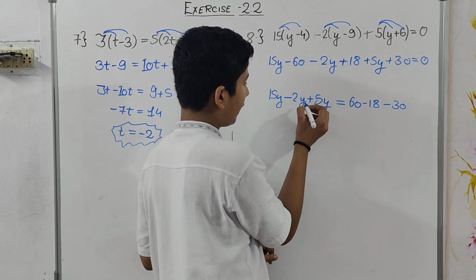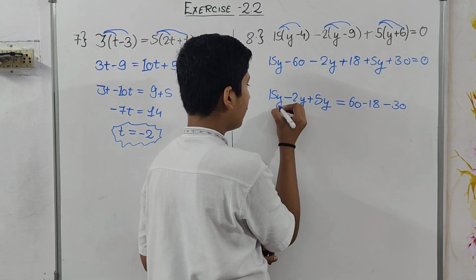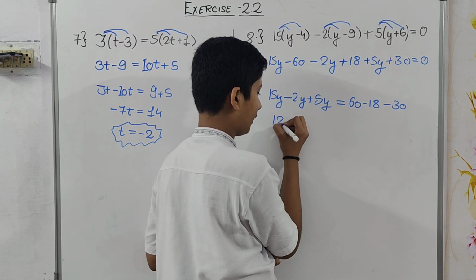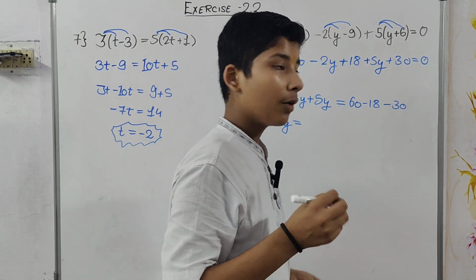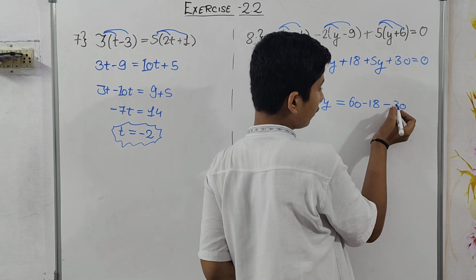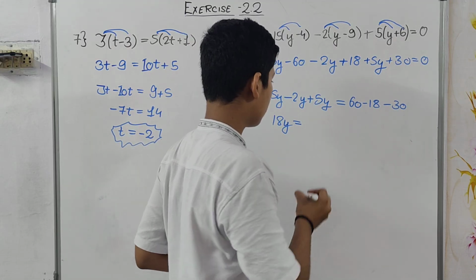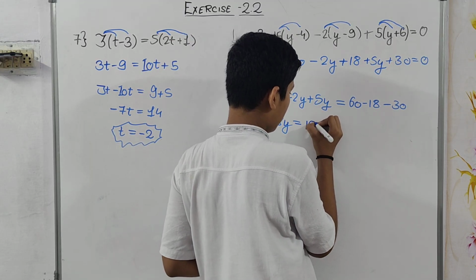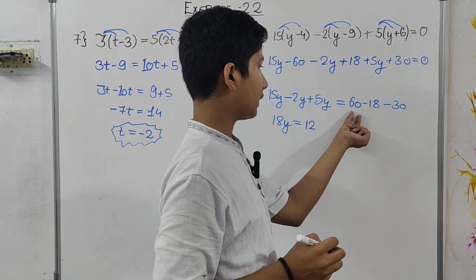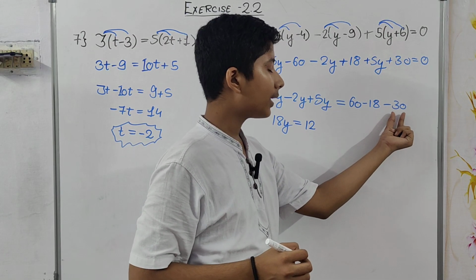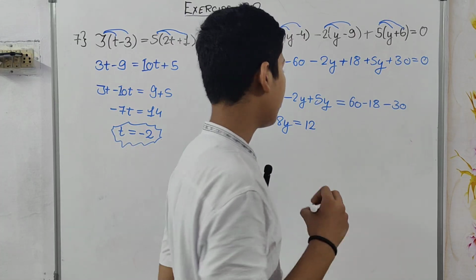Now, 15y plus 5y is 20y. 20 minus 2 is 18y. And 60 minus 18 is 42. 42 minus 30 is 12. Let's see once again. 60, 50, 40, 30, 20, 10, 12.